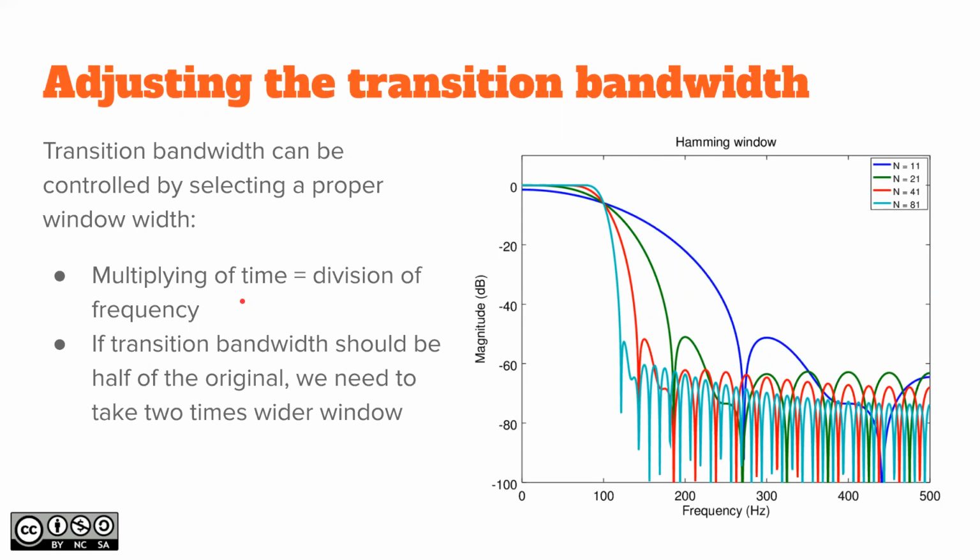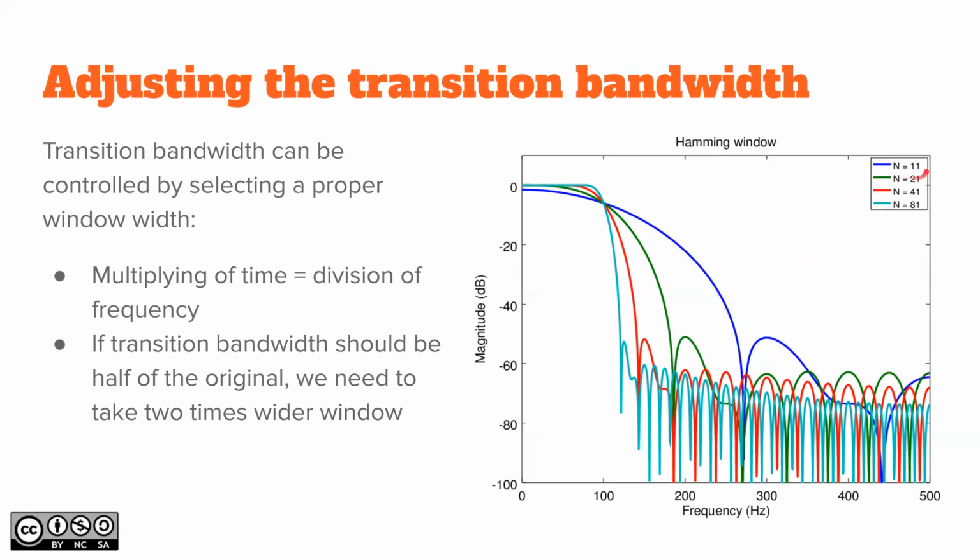For example, if the transition bandwidth should be half of the original, we need to take a 2 times wider window. So here I started, by the way, usually in this window method, you use an odd number of parameters, meaning an even order number for the filter.